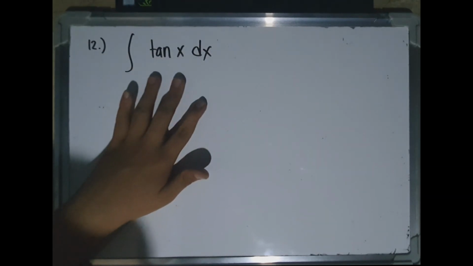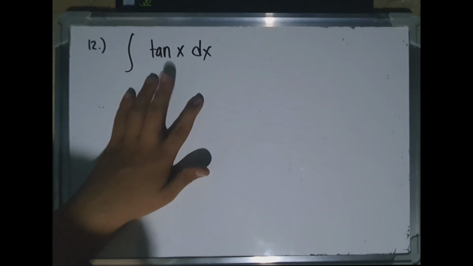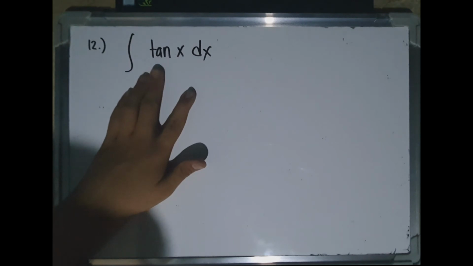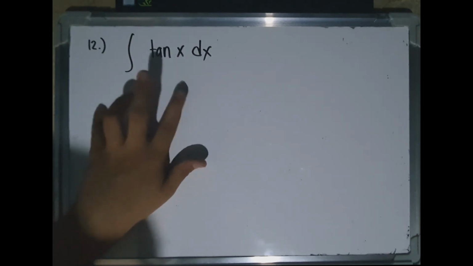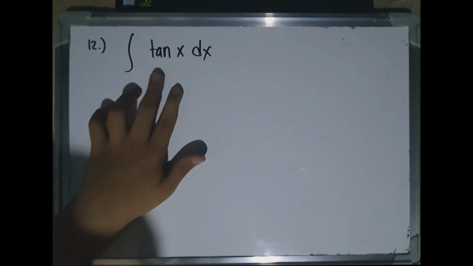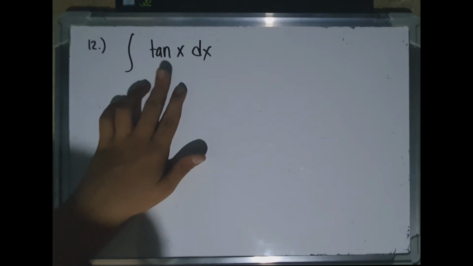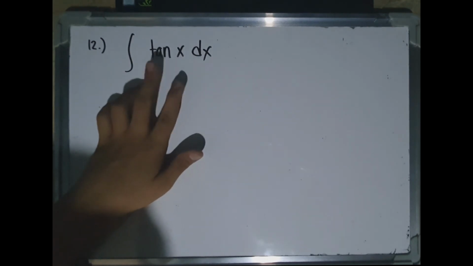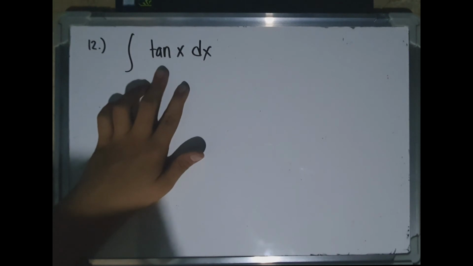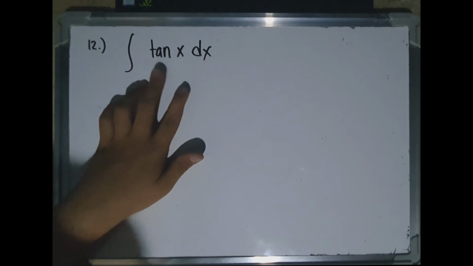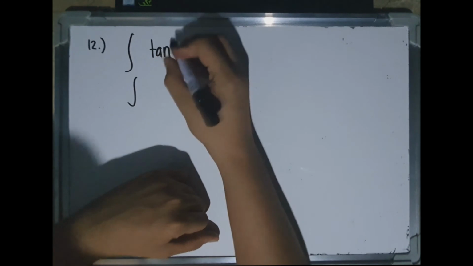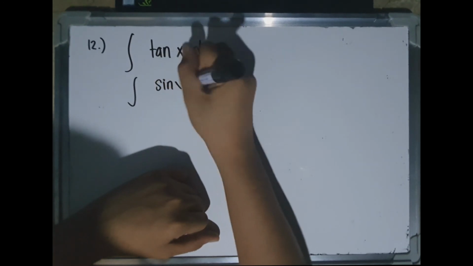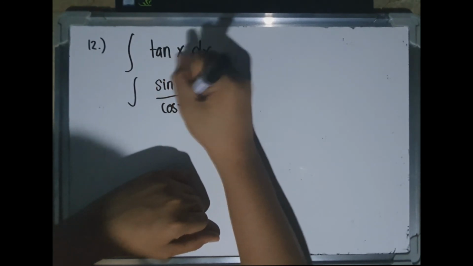So what we are going to do is try to find the equivalent identity for tangent x. What is the equivalent identity of tangent x? Since this is not squared, we could use the ratio. Tangent is the ratio of sine x over cosine x.